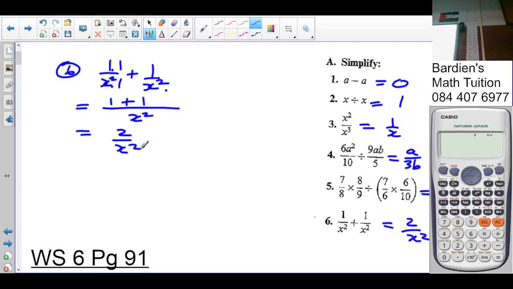Any other problems with numbers 1 to 6? Yes, Michael? Number 3. You've got x squared over x cubed. Where's there more x's? The denominator. So what's 3 minus 2? 1. So there's nothing on top, so what do we put there? A 1. Okay? What did you write?